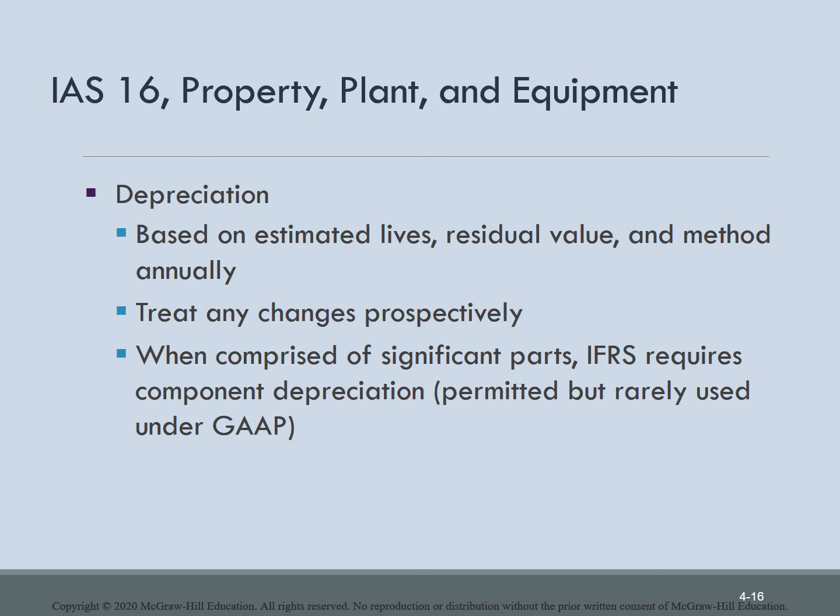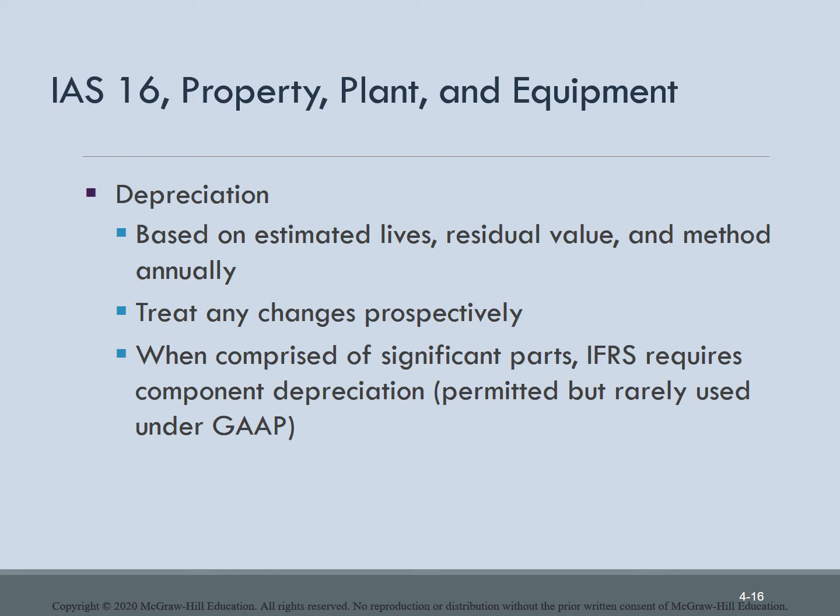Remember that GAAP doesn't specify depreciation methods. GAAP says that you have to depreciate in a systematic and rational manner. So when we make a change, as we saw in the previous example we just looked at, where we revise depreciation expense, we do that prospectively, which means we show the effect in the current and future periods.